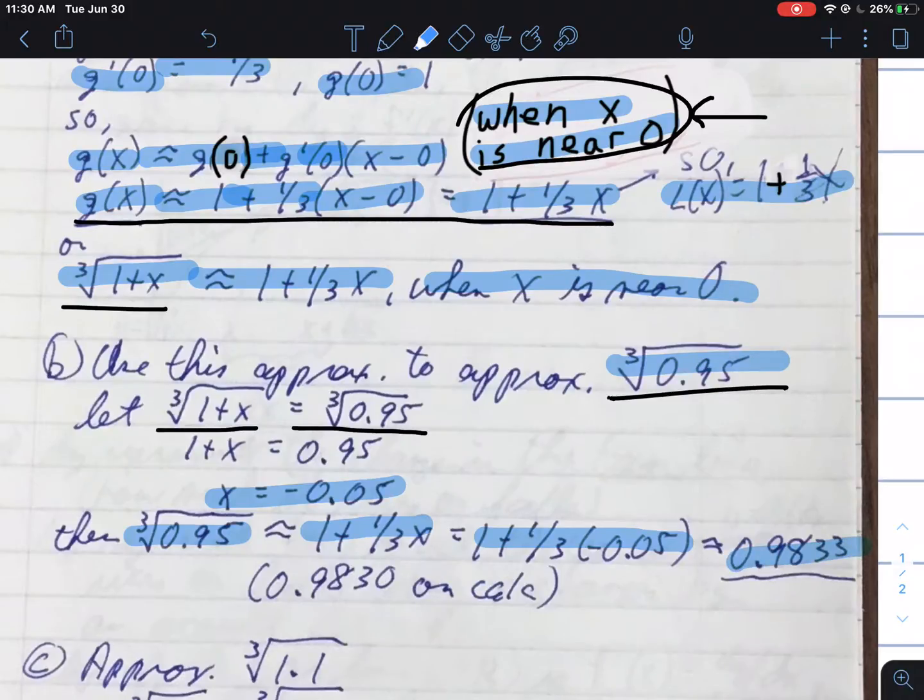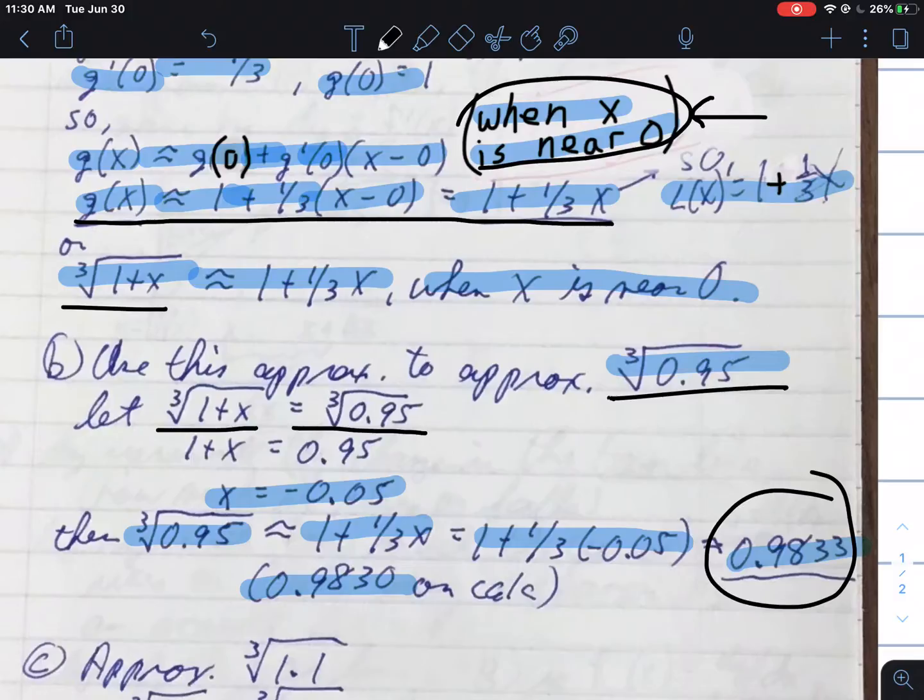And then if you actually plug cube root of 0.95 into your calculator, you get approximately 0.9830. So this is the approximation that we get using our linear approximation 1 plus 1/3 x to approximate the cube root of 0.95 with x equal to negative 0.05.